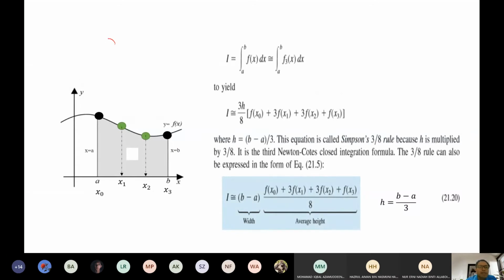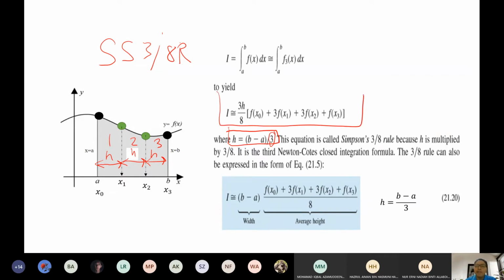This slide talks about single Simpson 3/8 rule, where the area will be divided into 3 equal divisions, and each width is h. To find your h, that will be (b minus a) over 3, because we have 3 equal divisions, and the area can be computed by this formula.